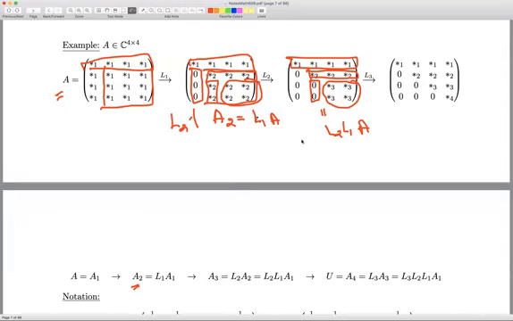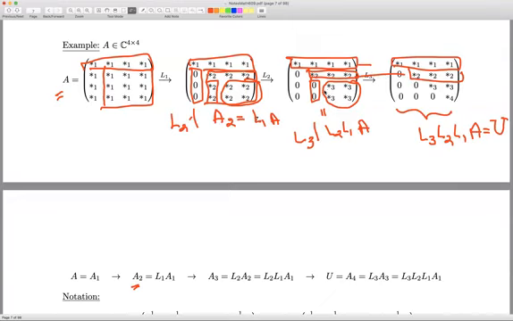And then the last step is we multiply this matrix on the left by a lower triangular matrix L3. When we do that, we end up with L3 times L2 times L1 times A. At the same time, this will be the upper triangular matrix that we are looking for, because after this multiplication, we will have the first row unchanged, the second row unchanged from the previous step, and this row here unchanged from the previous step.